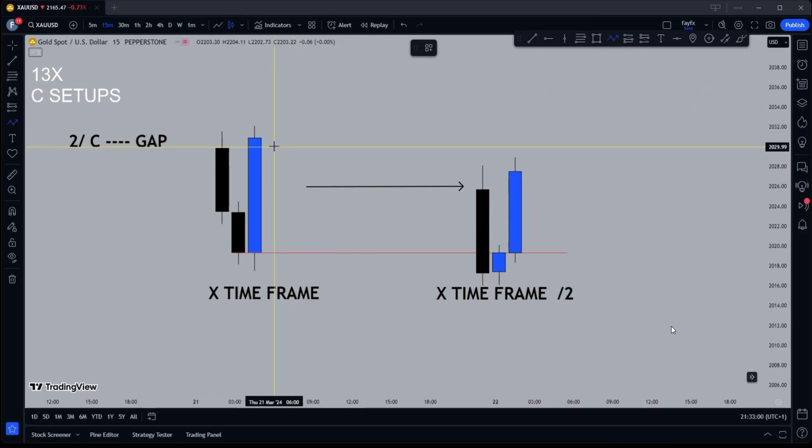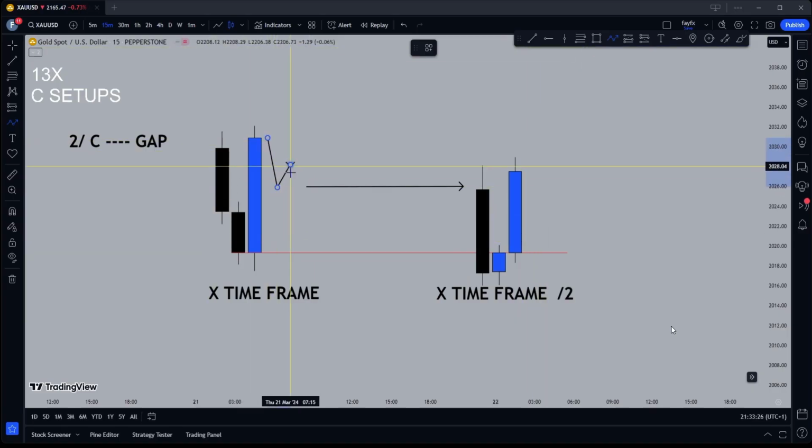Whenever you find something like this, a classic in the main time frame, and when we go one time frame lower, we will find at this same level a gap. Classic, the gap at the same level.